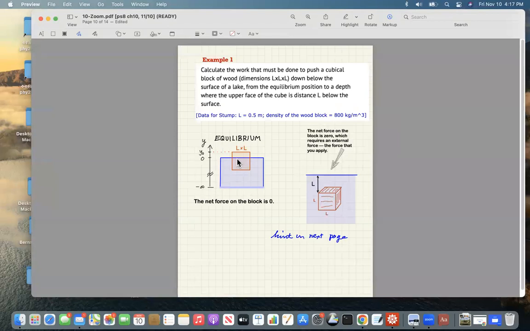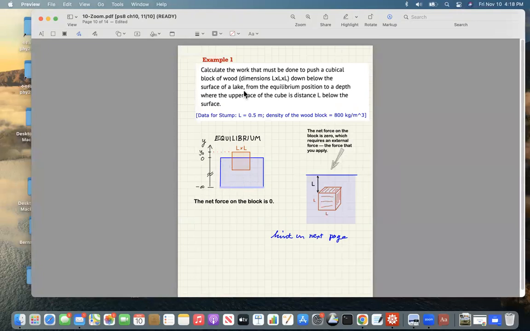What forces are acting on the block? Well, there's gravity pulling it down, so it'll be the mass times g, the acceleration due to gravity. That's the weight. But there's the buoyancy force pushing it up. The buoyancy force is the upward force exerted by the water.